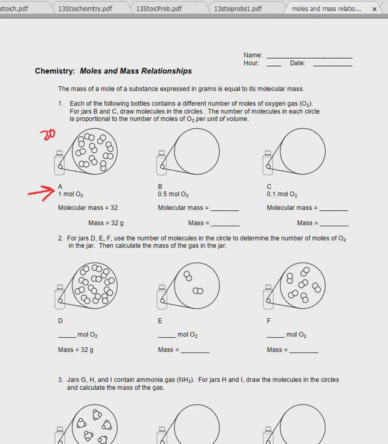The molar mass, the molecular mass of oxygen is 32. How did we get 32? Well, the atomic mass of one piece of oxygen equals 16 grams per mole.